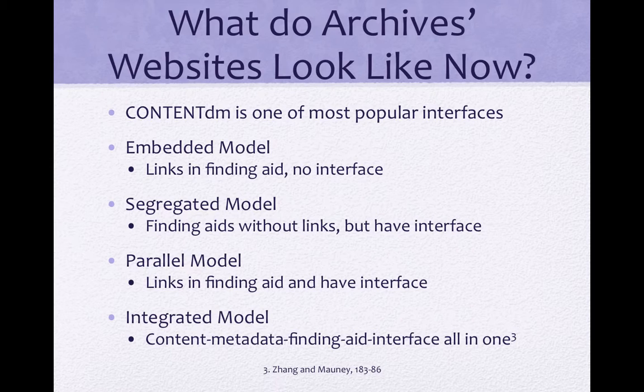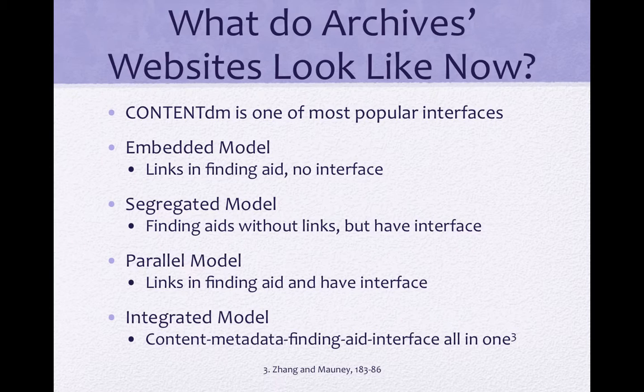And then the parallel model, where you have links to digital content in the finding aid, and you have a searchable, browsable interface, but the two entities exist separately from each other. The fourth model, which is the model that they talk about, but they didn't really find much evidence of, is the integrated model, which is kind of like the parallel model, but an integrated version of it.